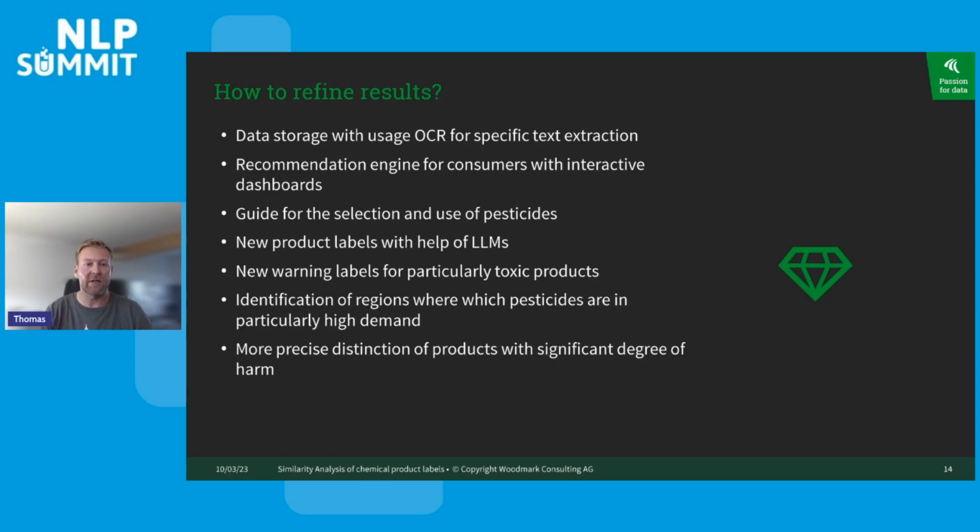We can create a guide for the selection and use of pesticides. We can create new product labels with the help of LLMs. We can create new warning labels and identify regions where pesticides are in particularly high demand. We can even make a precise distinction of products with a significant degree of harm.